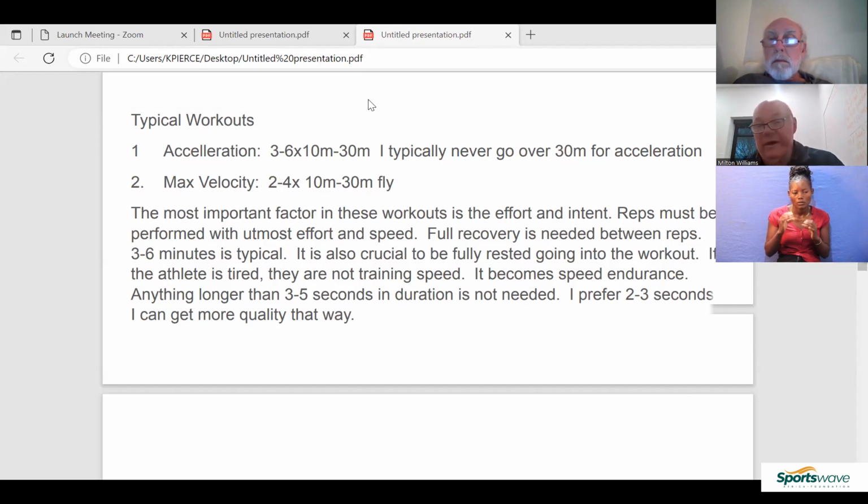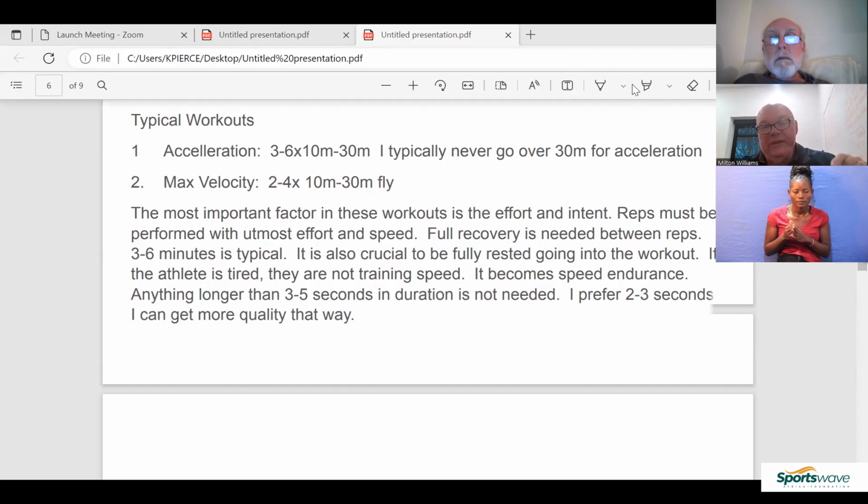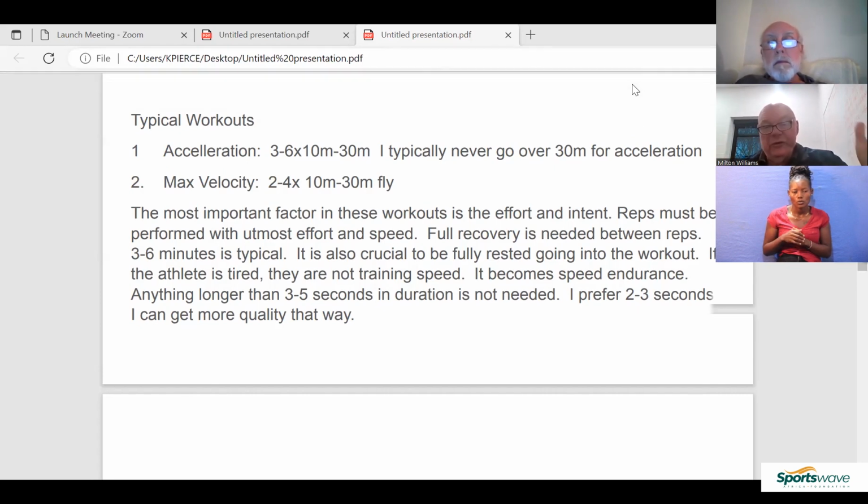Now, some of the coaches may not understand what I mean by a fly. I set my timing gates up, whatever distance I'm measuring, 10 meters, 30, 15, whatever it is. 30 is very common for track. So they're 30 meters apart. I want them to be full speed between those two barriers, the two lasers.